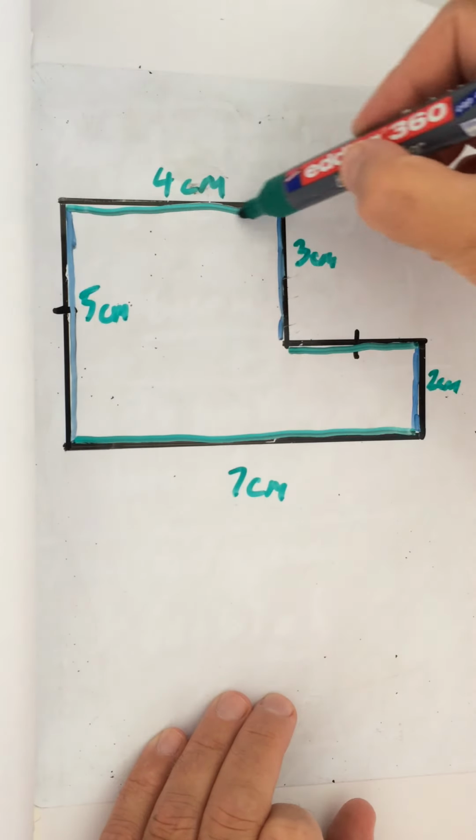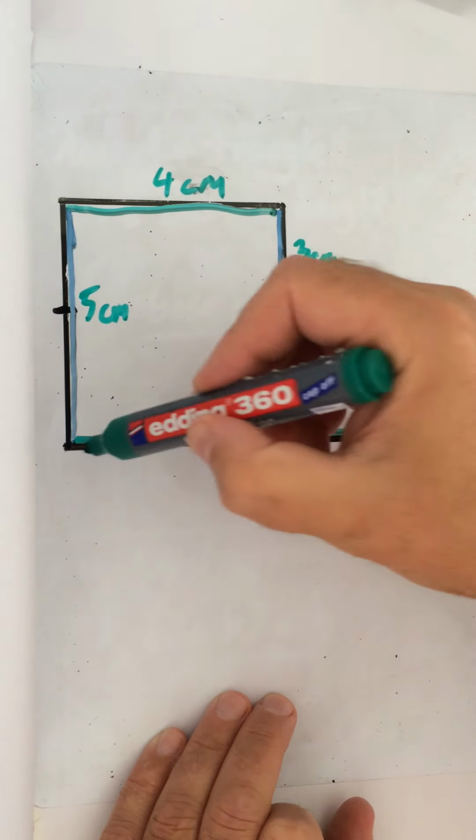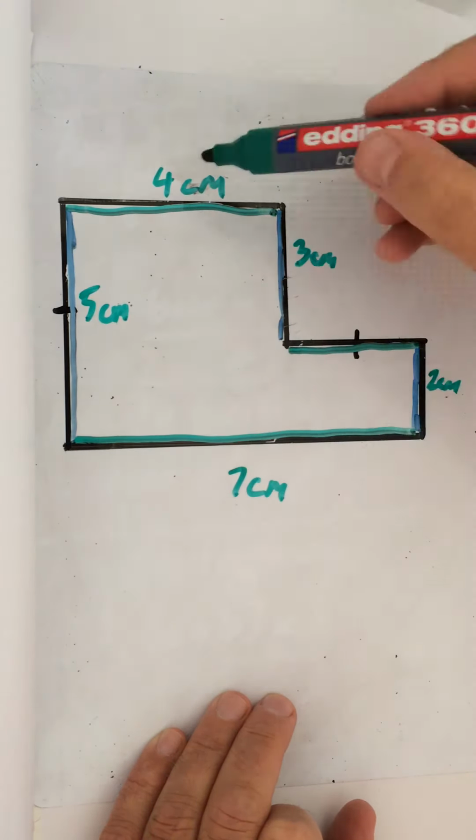So this green line, if I go there and then carry on there, is the same as this length here. Again, it's working with lines that are opposite each other. So I can see that this is 7, so it has to be 4 and 3 centimeters: 4 centimeters and 3 centimeters equals 7. So I'm looking opposite to work that out, and often that's the trickiest part with it, really.